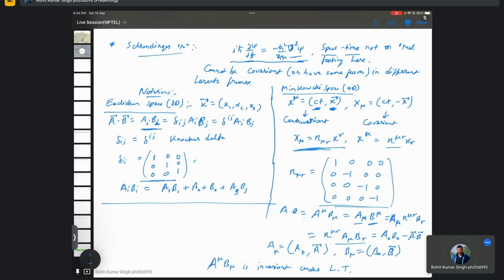Even if you change to a different frame of reference, this dot product would remain the same. This is why we have a metric like this, so as to ensure that a dot product between two vectors remains invariant under Lorentz transformation.